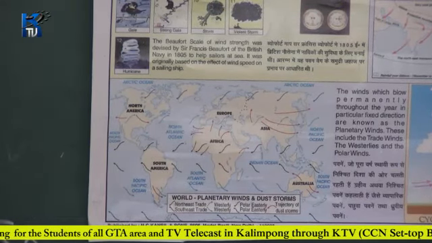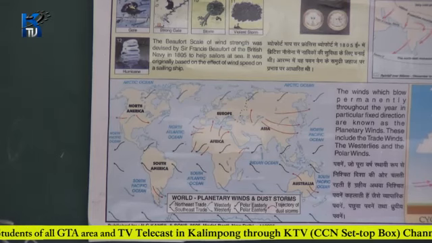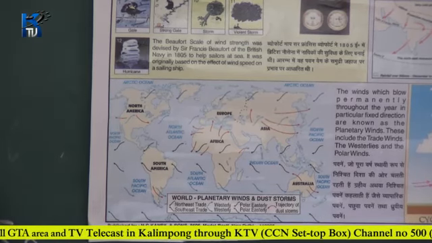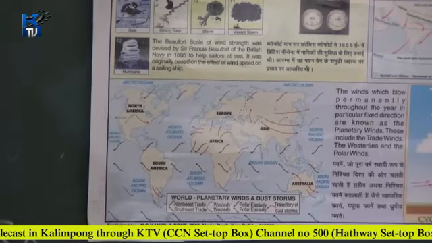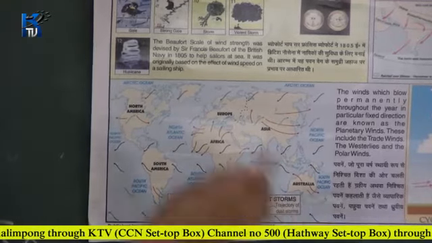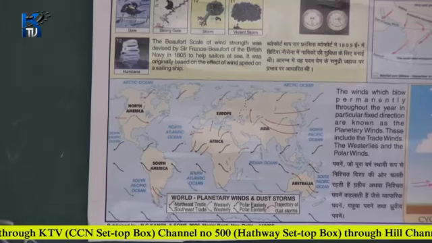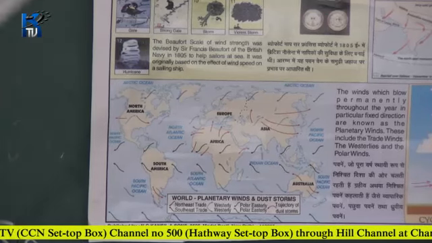So Sirocco is also known as blood rain because of the presence of red sand particles in the wind.